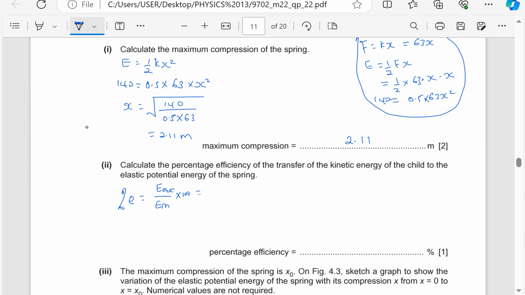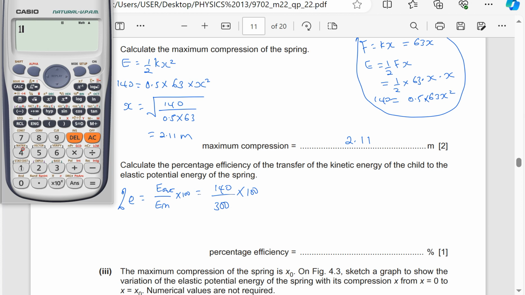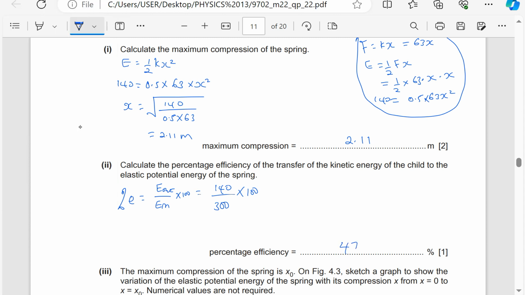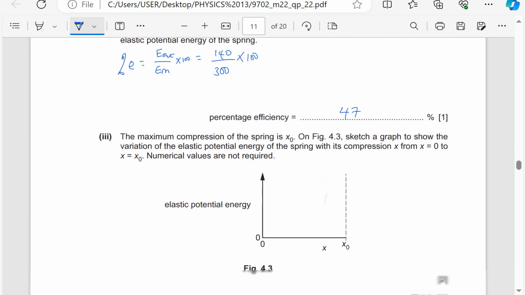The energy output is 140. The energy input was the kinetic energy. So 140 divided by 300 times 100 gives us 46.6 recurring, which is approximately 47%.